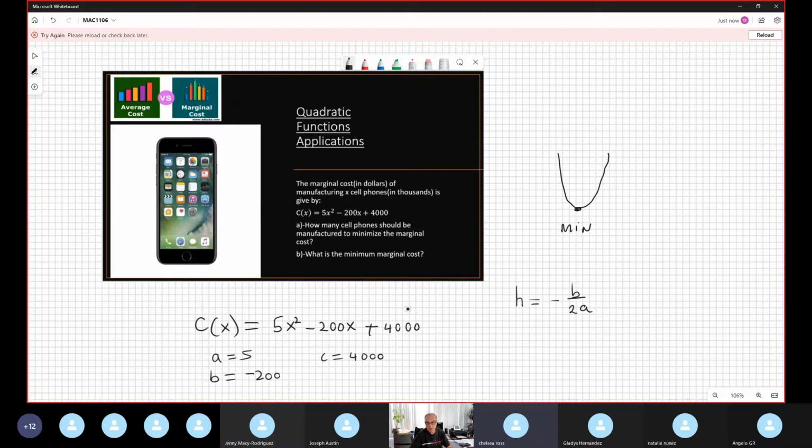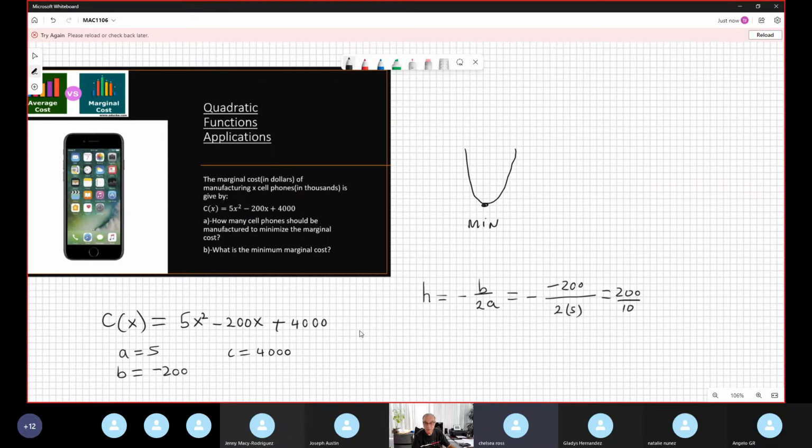Fortunately, in the formula for H, C does not participate, only A and B. So substitution is minus negative 200 divided by 2 times 5. Double minus becomes positive, so we have 200 divided by 10, which is 20.